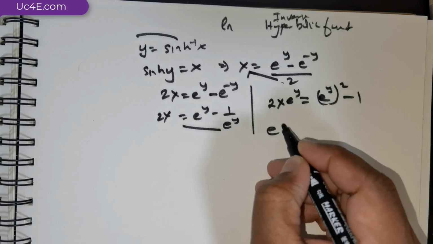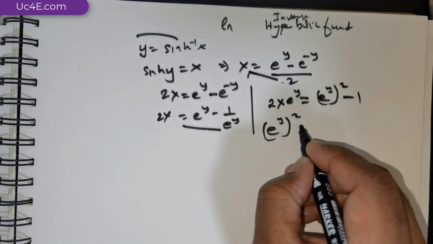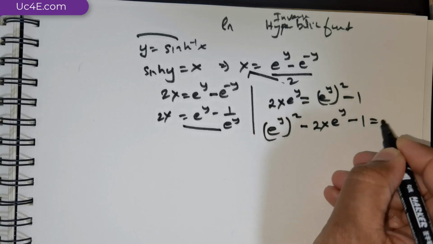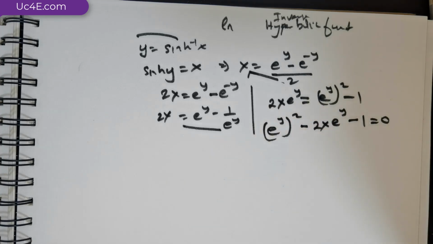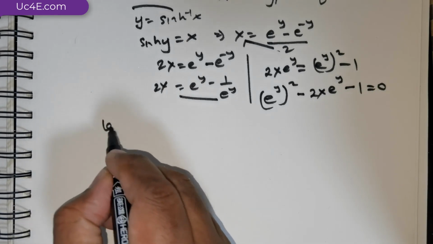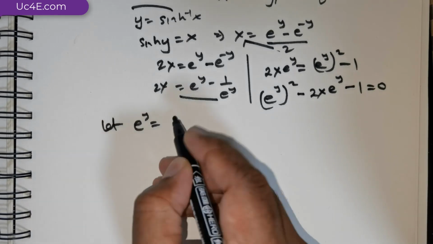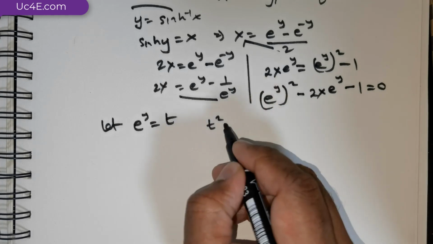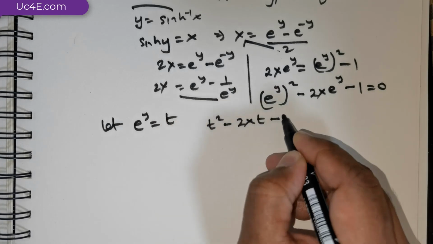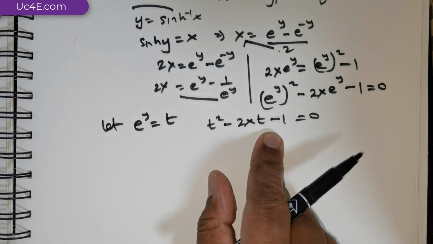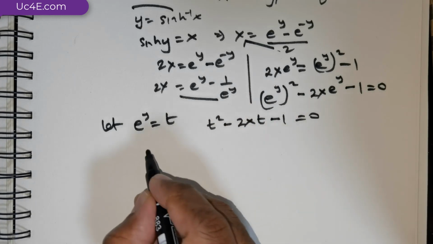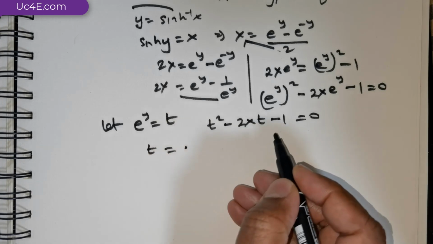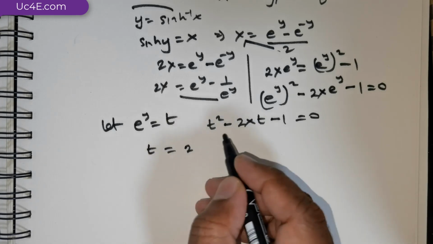You can rewrite this further as e power y raised to the power of 2, minus 2 times x e raised to the power of y, followed by minus 1 is equal to 0. Now what I wish to do is I would like to take, let e power y be equal to some t. So this is going to be t squared minus 2 times x t minus 1 is equal to 0. This is a quadratic in t. So if I were to use the quadratic formula, this is going to be negative, negative b, right?